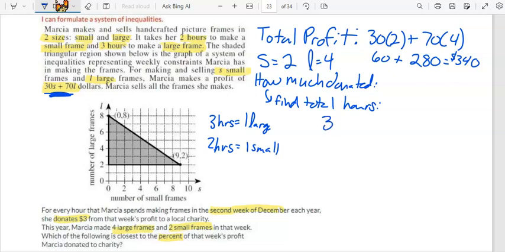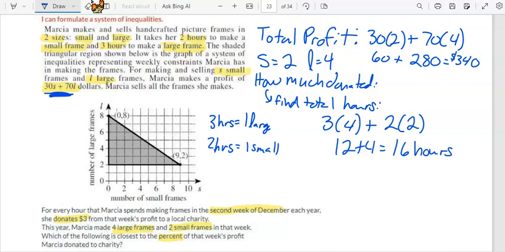So we're going to have 3 times the number of large frames made, which was 4, plus 2 times the number of small frames made, which was 2. 12 plus 4 is 16 hours. 16 altogether, 16 hours.